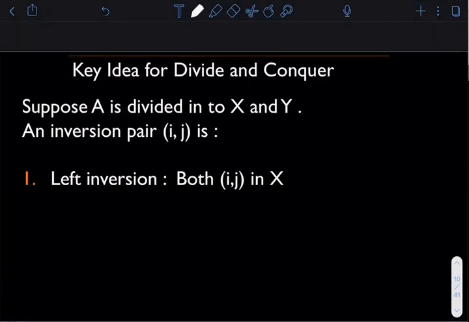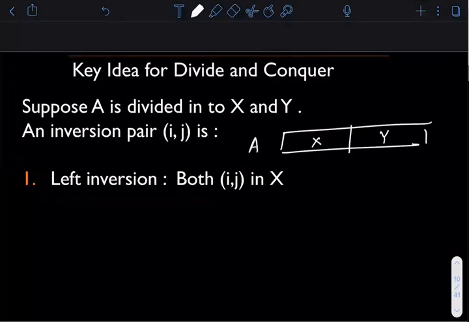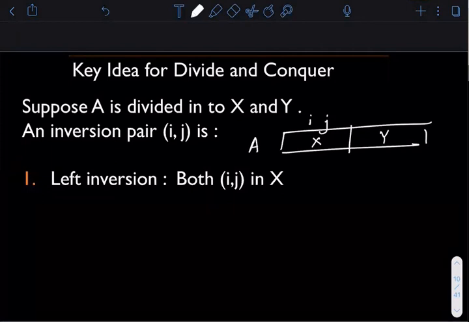Suppose the first half is called X and the second half is called Y. If there is an inversion in A such that both the indices i and j are in X, then I call this a left inversion. Remember, all these names are in the context of this particular division that I am making. If you do a different division, then the left inversions will change.